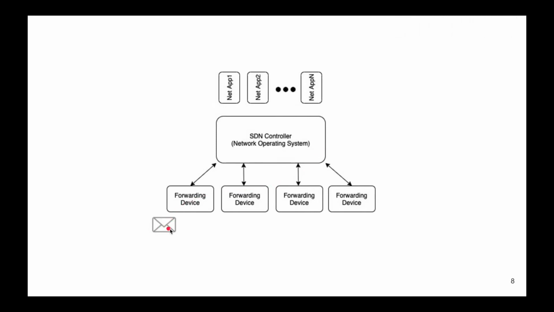So when a packet arrives, the forwarding device will parse the packet header. It either already knows what to do with the packet or it queries the SDN controller. The network application will determine what action to take on the packet and push the information down to the forwarding device using the SDN controller as a translator.